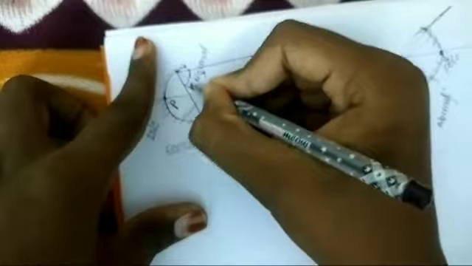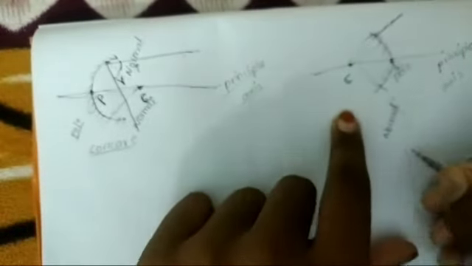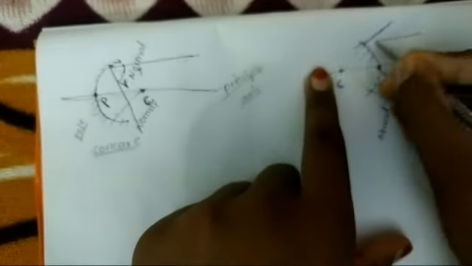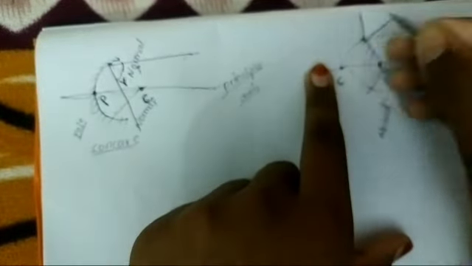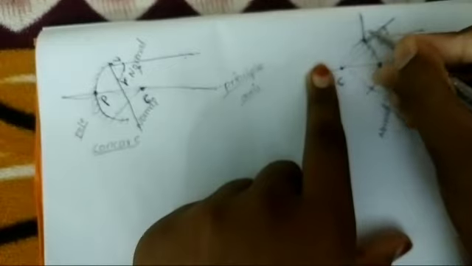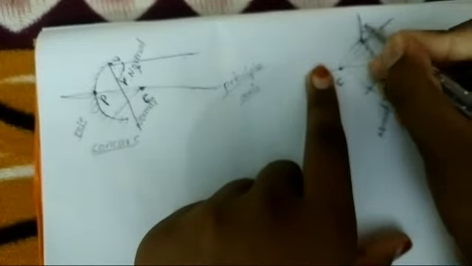I said to you, in convex or concave mirror also, we have same rule as plane mirrors, that is angle of reflection is equal to angle of incidence. For convex mirrors also same. That means if you get a ray like this, you will get like this. This is angle of incidence, this is angle of reflection. Okay, I think you can understand now.